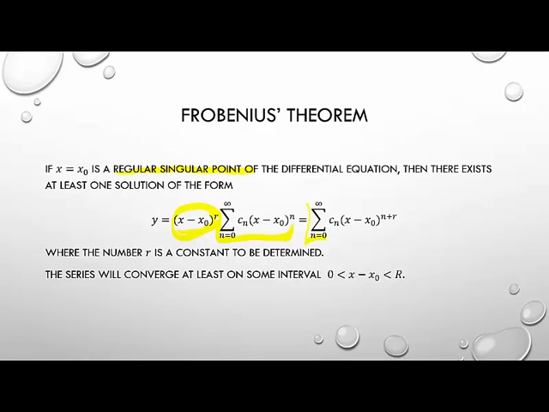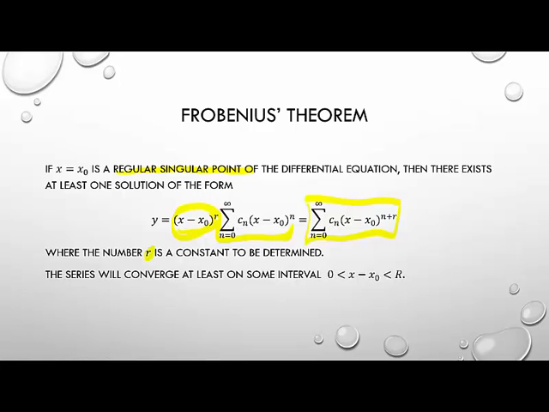Your power series solution would look like this, and it may not actually be a power series anymore, because if this r is either less than 0 or is not an integer, which is possible, then this is officially not a power series anymore. But we can still consider it as a power series solution because it's based on a power series.